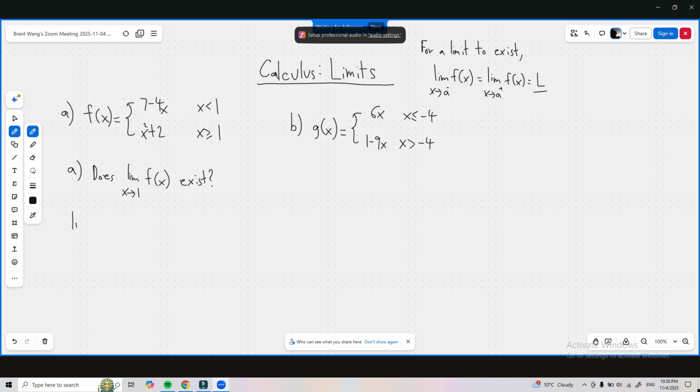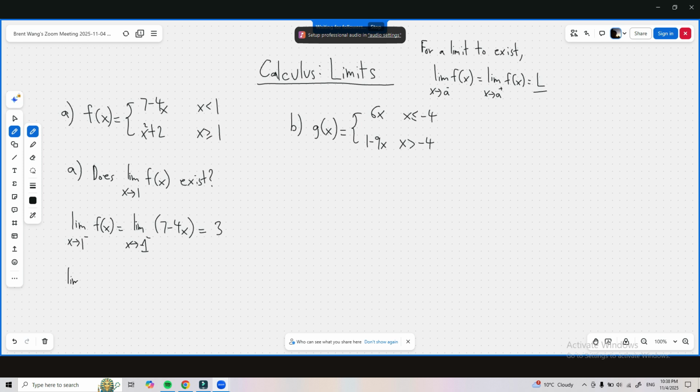So lim as x approaches 1 from the negative side of f of x is equal to lim as x approaches 1, not negative 1, from the negative side of 7 minus 4x. We can just plug in x equals 1, and this is equal to 3.